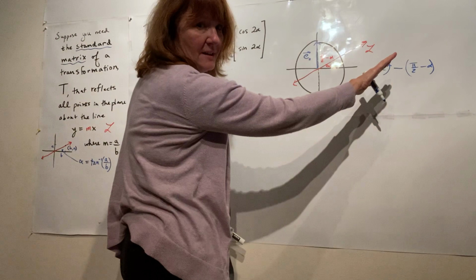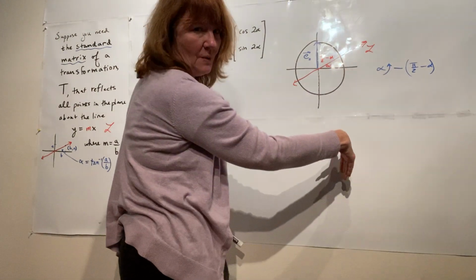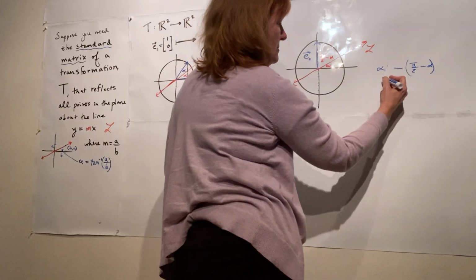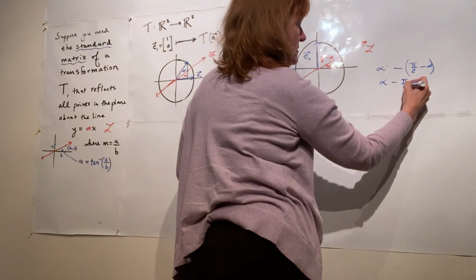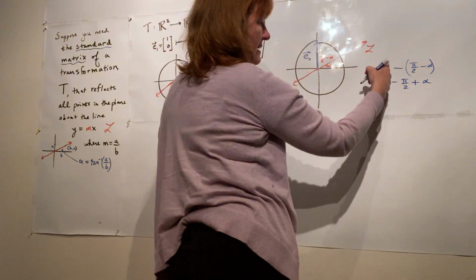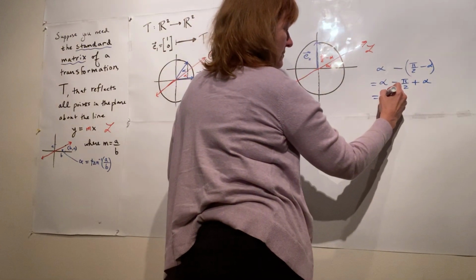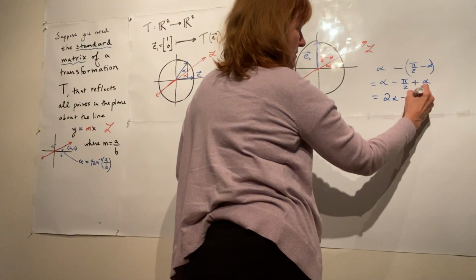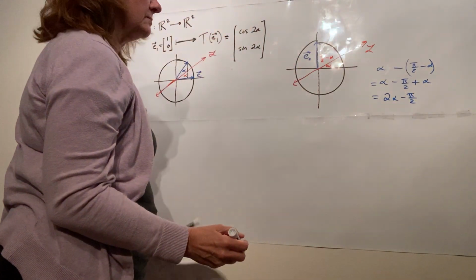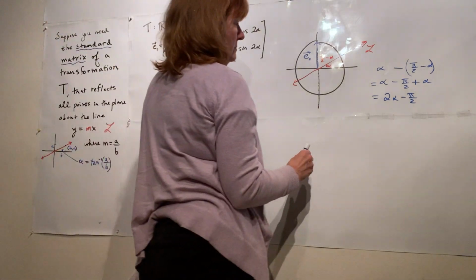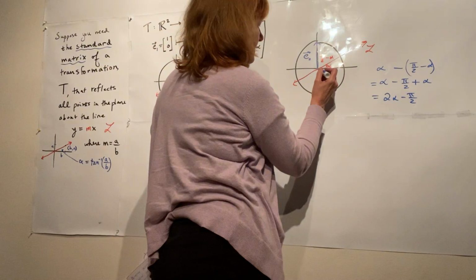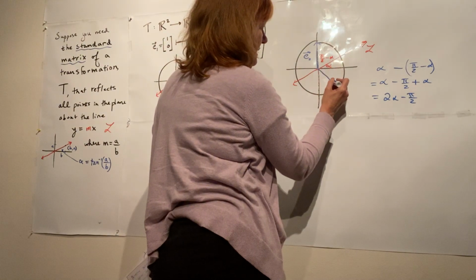Subtracting a positive angle sends you in the clockwise direction. So the algebra is simply alpha minus (pi over 2 minus alpha), which is equal to 2 alpha minus pi over 2. What that ends up looking like is something like this.